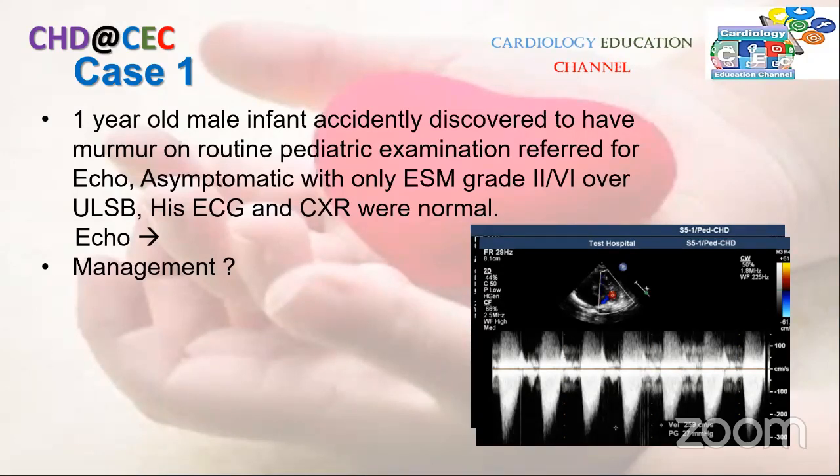Another more important point is the function of the RV. If the function of the RV is impaired, you will get a tricky low pressure gradient across the pulmonary valve, which does not correlate with the severity of the stenosis.